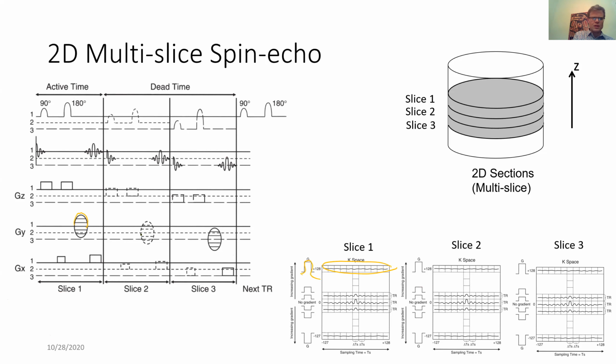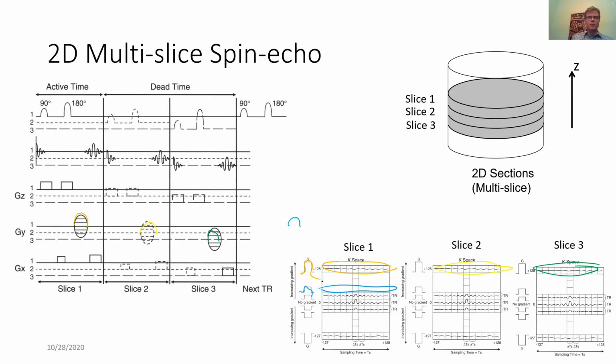We go ahead here, fill the same thing for slice 2, and continue on, fill in, let's say, this first line for slice 3, and then we'd step to a smaller phase encoding gradient. We'd fill in another line back for slice 1, and so forth.